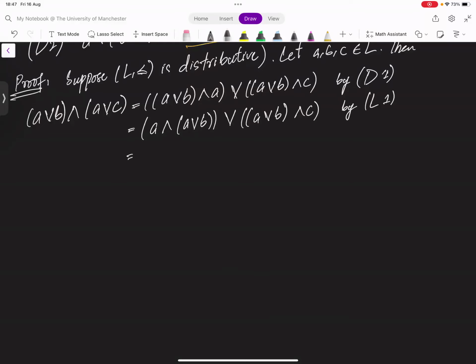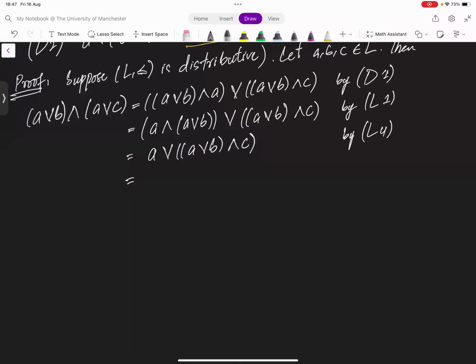And now we can write it A and A or B and C. This is by L4, which is absorption.